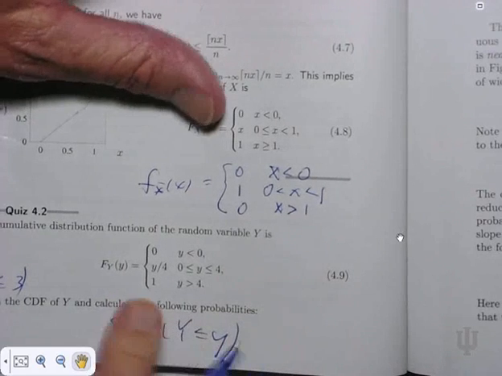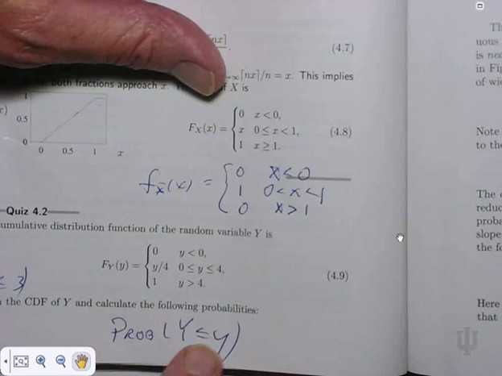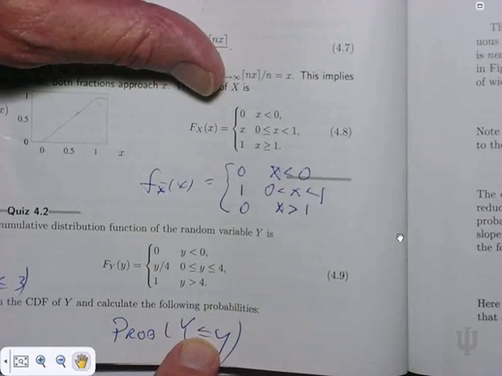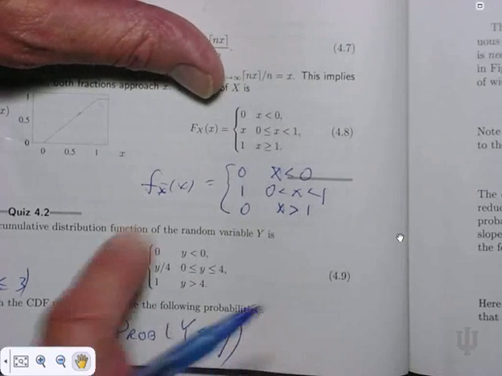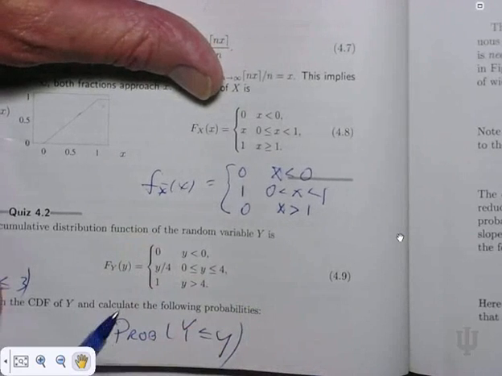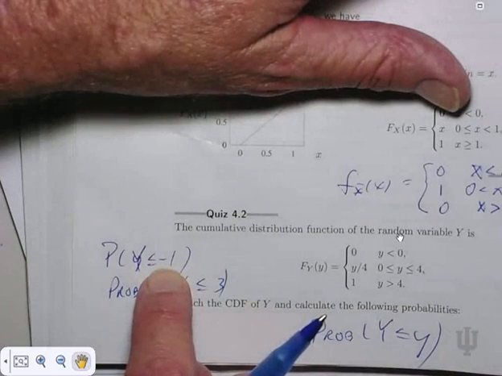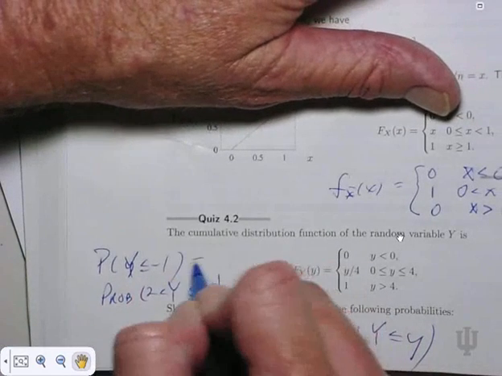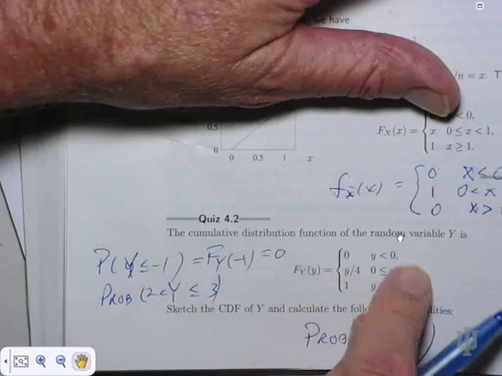So it's a beautiful function to use when you have left-tailed questions. That is, you're allowing the random variable to be any number less than or equal to y, while you simply evaluate at y. So this is a left-tailed problem. We simply evaluate at negative 1, and we get 0, according to the rule.